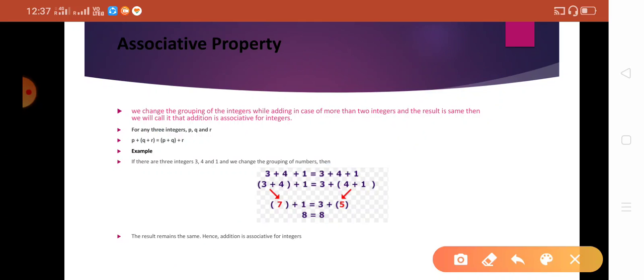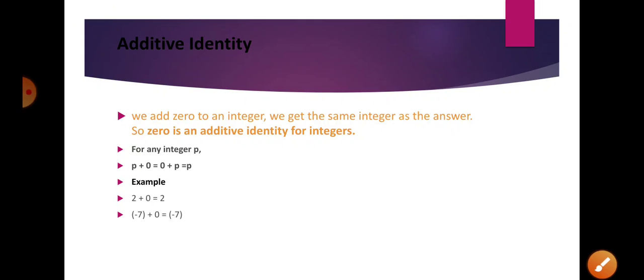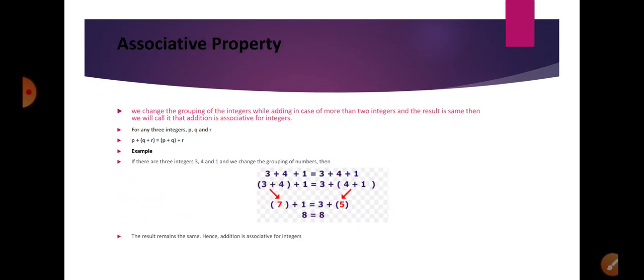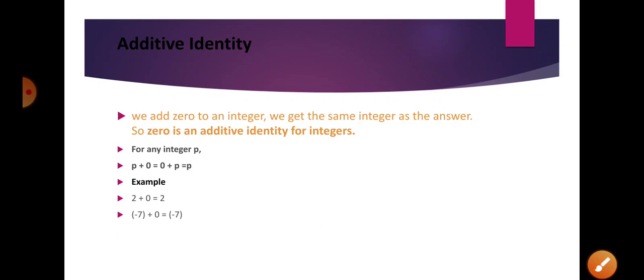If you have been given 3 or 4 integers, it's your choice whichever you are adding first. But in associative property, the answer must be same. If the operation is showing associative property, the answer must be same. Subtraction doesn't show associative property, that's why I have not given it here. Only addition shows associative property.